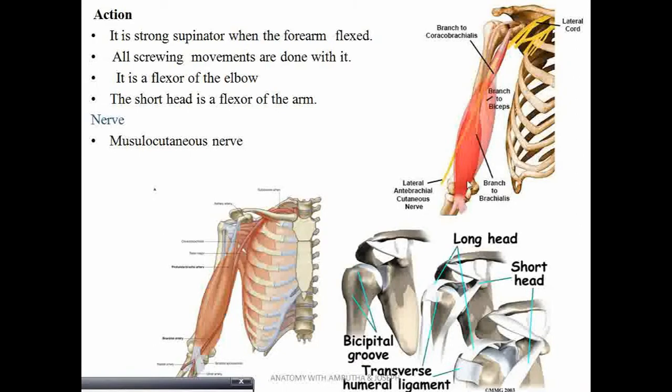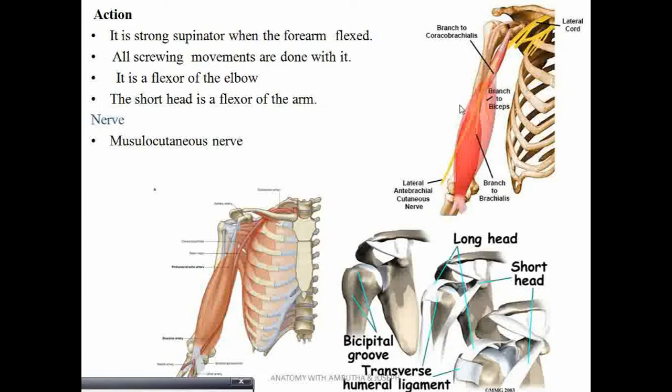And the short head, since it is crossing the shoulder joint, can act on the shoulder as a flexor. So supination is the primary action, and other actions are flexion of the forearm and flexion of the shoulder joint.